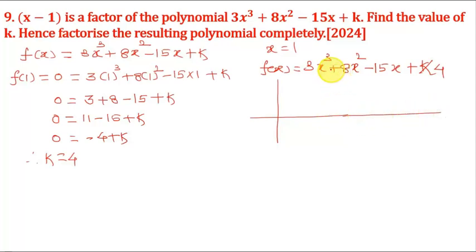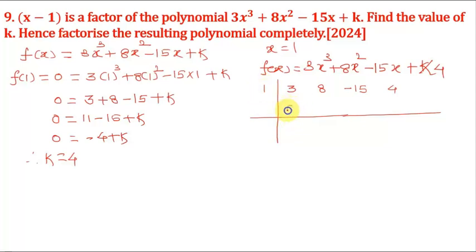Now, see this polynomial. The powers of x are in decreasing order: third power, second, first, and the constant. Now, write first of all the coefficients of x. First is 3 here. Next is 8, minus 15, and 4. As x minus 1, therefore x is equals to 1 here.